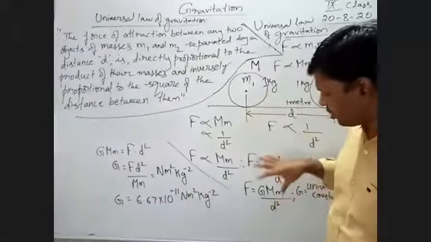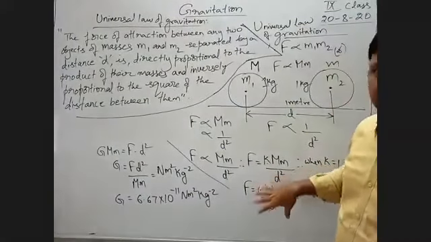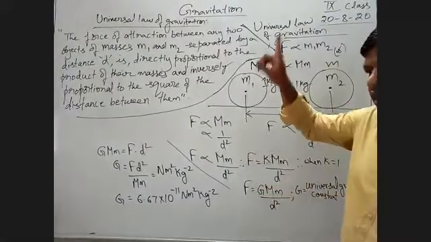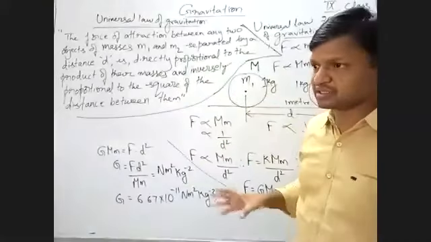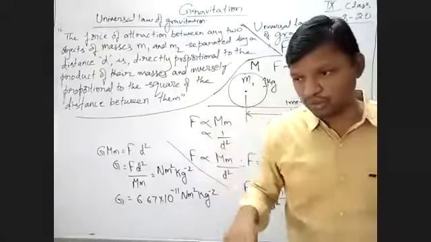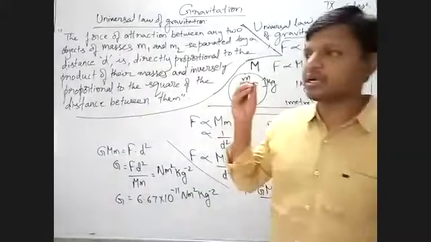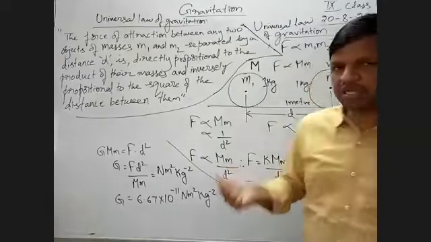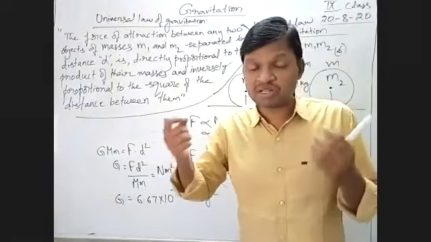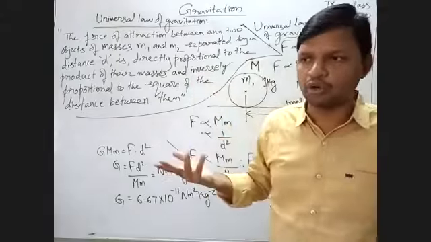So this was actually given by Newton, but the entire research was done by Galileo. That's why Newton, after formulating this formula, said, I am standing on the shoulders of Galileo, or my ancestors.